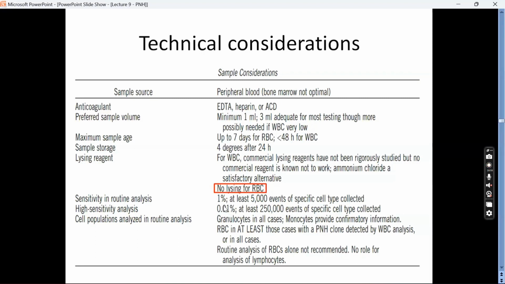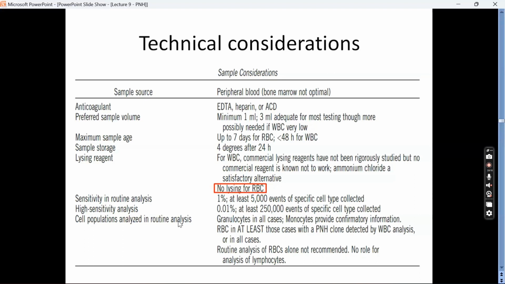Some minor clones will be missed when you acquire smaller numbers of events, like 5,000, 10,000 or 50,000. When you acquire 250,000, 5 lakh or 1 million cells, you can pick up a much lower percentage of clones, or smaller PNH clones present in the patient, which is really good.